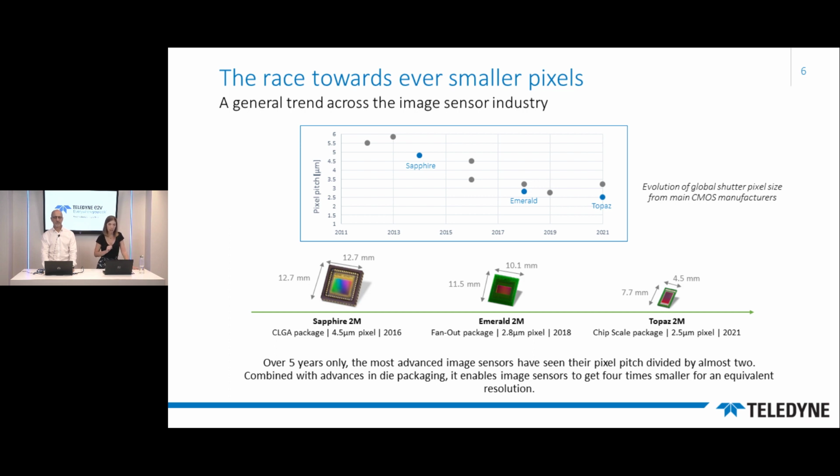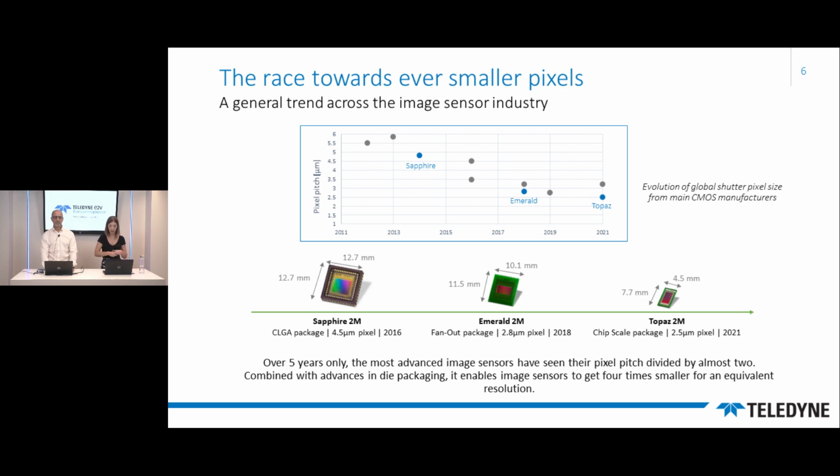The gray points correspond to pixel sizes used by other image sensor manufacturers. One can easily notice that there is a general trend across the whole industry to reduce the pixel size. And you can notice that over 5 years only, for the most advanced image sensors, the pixel pitch has been divided by almost 2.